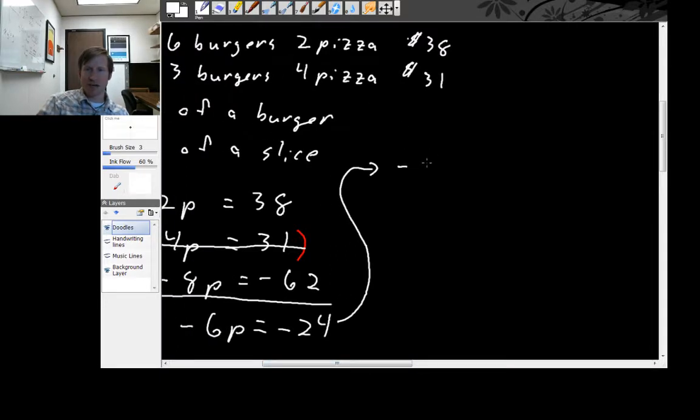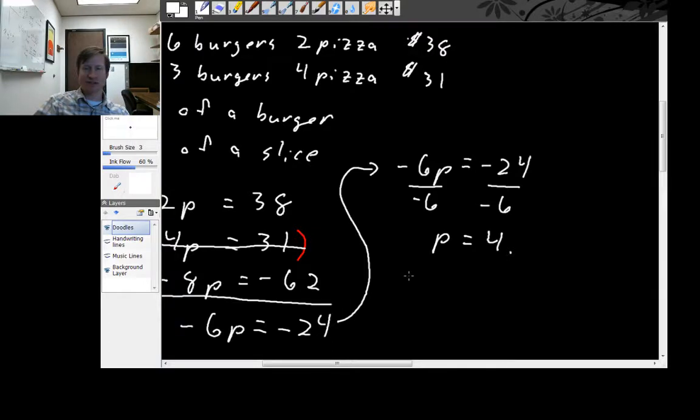So -6P equals -24. We'll divide both sides by -6. We get P equals 4. All right, so now we know the price of a piece of pizza. A piece of pizza costs $4. Now we need to go back and find the price of a burger. So we'll use one of the original equations.